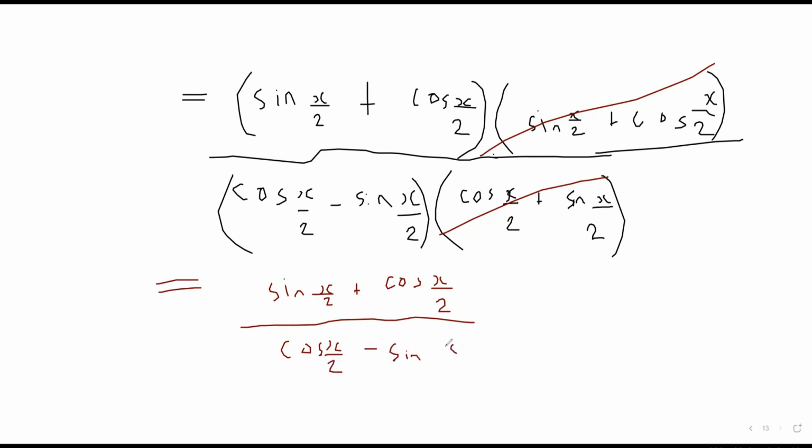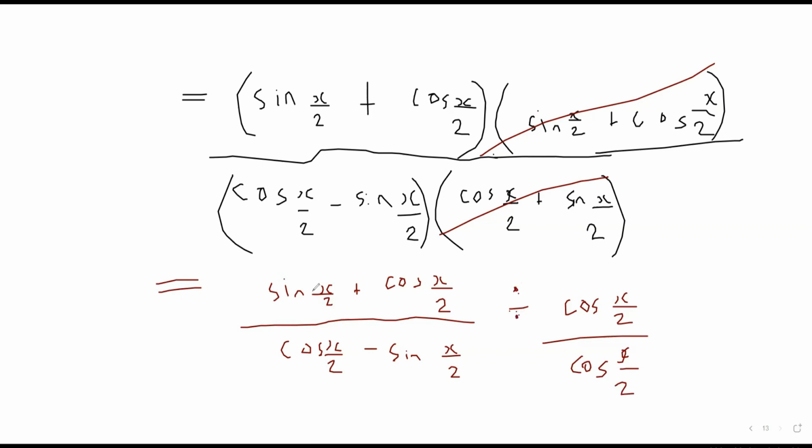Now we're going to divide the numerator and the denominator by cos x over 2.